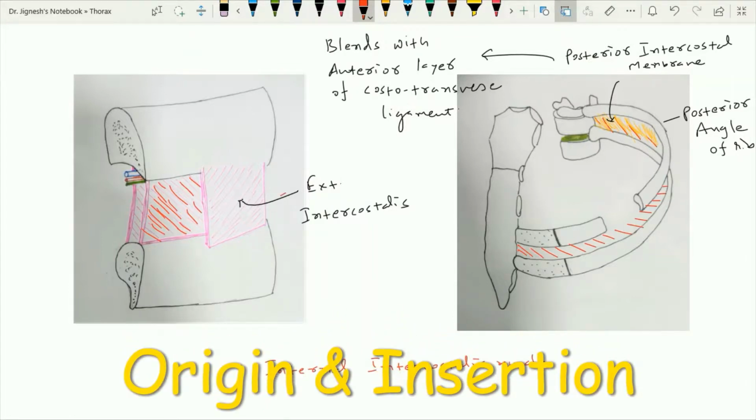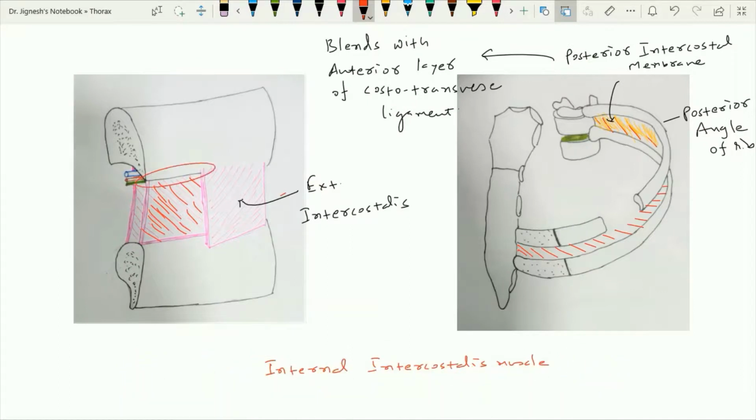When we see the attachment of this internal intercostalis muscle, it gets origin from the costal groove of the upper rib and inserts into the intermediate part of the upper border of the lower rib.